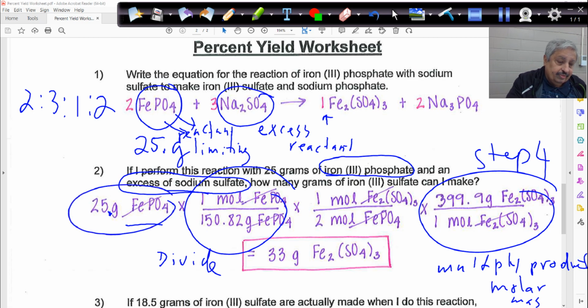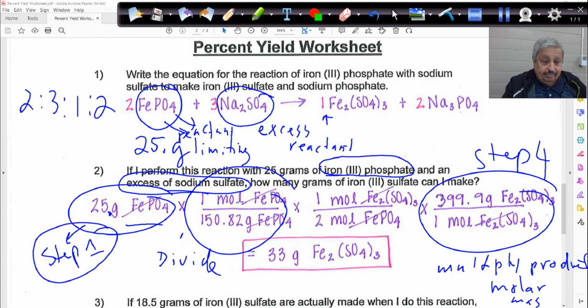This is step 1, the amount. Always like this. Step 2, divide by the molar mass of the limiting reactant.